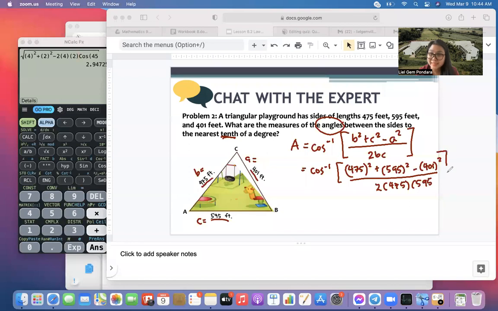Okay, using your calculators, you tell me what's the value of A. You can type it in the chat box. A equals how many degrees? Then I'll start writing for B while you're solving for A.